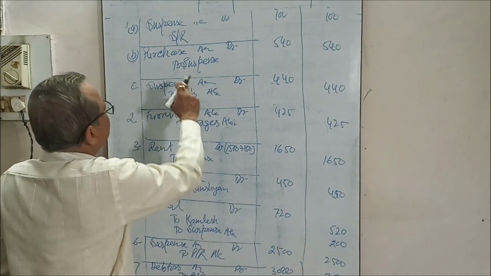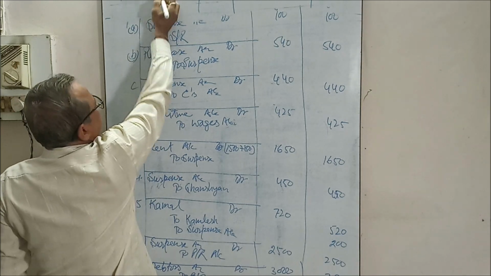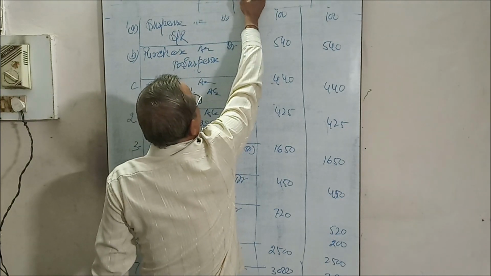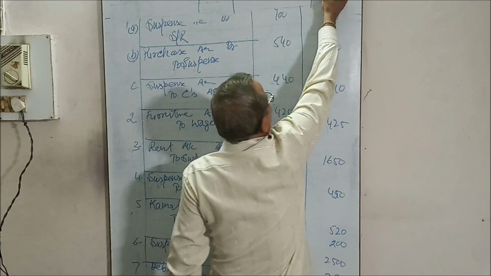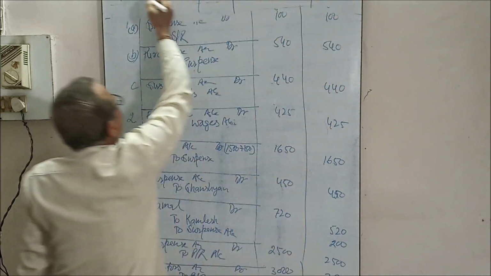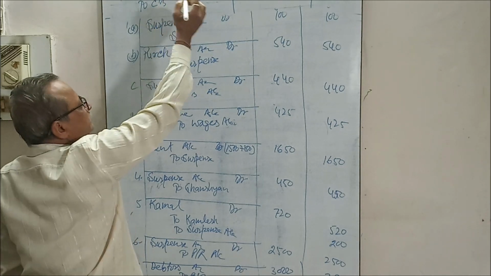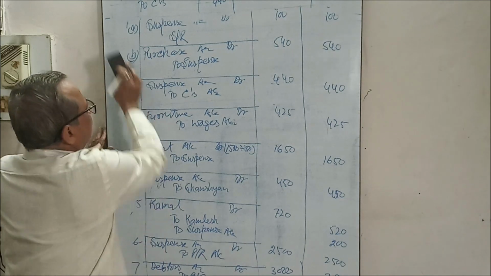So see here, to sales return account 100, by purchases 540, to C's account 440. These three I have done.